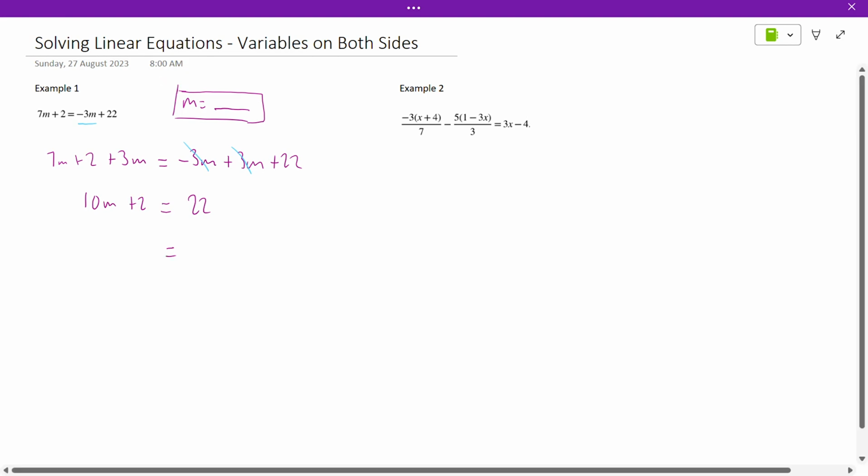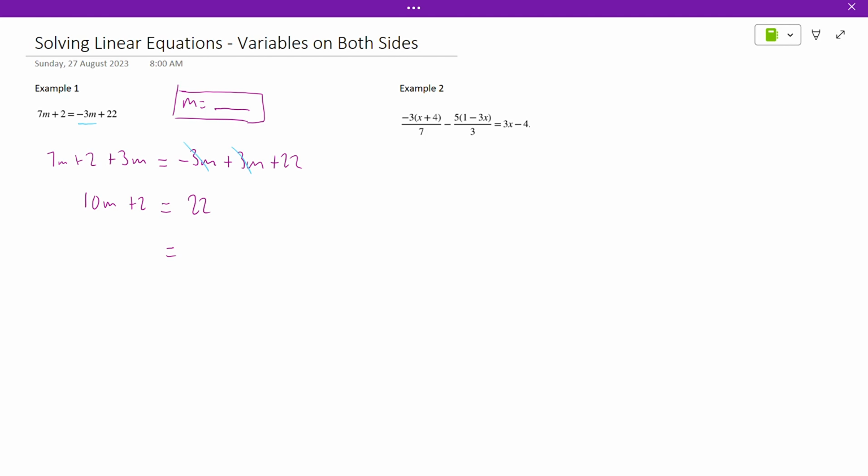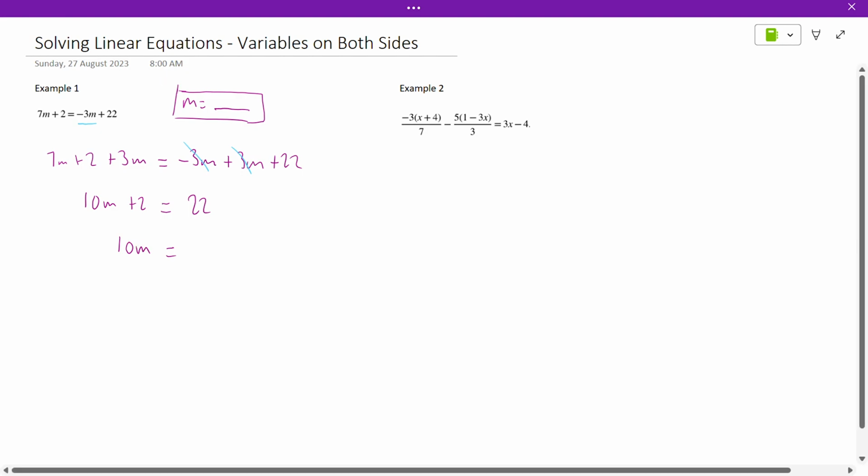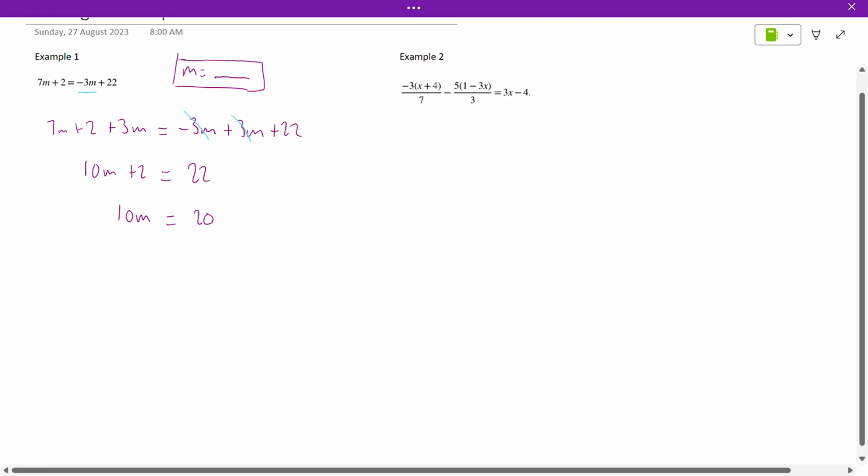Okay, now let's move this positive 2 to the other side. So the inverse of plus 2 is going to be minus 2. So 10m plus 2 minus 2 is just going to be 10m, and 22 minus 2 is 20.